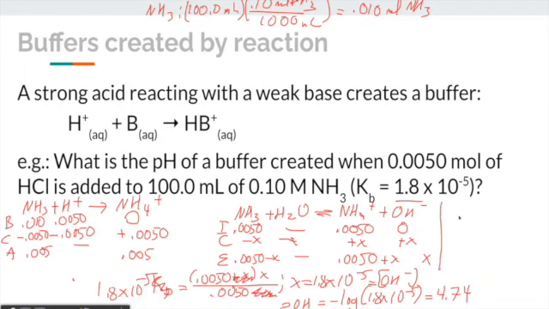And 14 minus 4.74 will be equal to the pH, because remember, pH plus pOH adds up to 14 always. So that means our pH is 9.26. So we created a buffer with a pH of 9.26 by just putting a weak base in the presence of a strong acid.